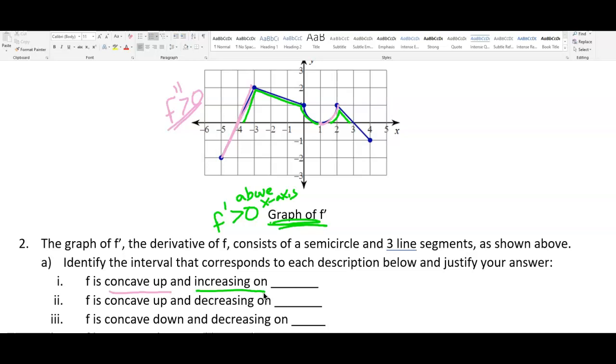Well, I see two regions that have both of those things happening, right here and right here. Those are the two regions where f is both increasing and concave up, because f double prime is positive and f prime is also positive. And so what are those intervals then? So I would say this interval, the first one here on the left, is going from -4 to -3. And the other one is from 1 to 2.